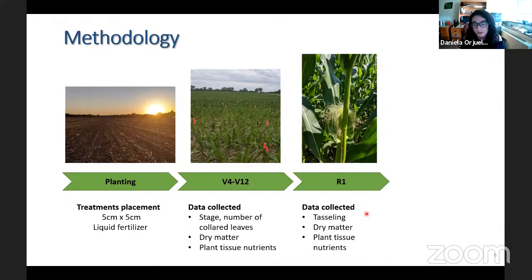So the levels of both nutrients were adequate in the two fields. In the case of potassium, it was a little bit high, at the limit of high for the two fields. So maybe the level of the two nutrients could have been related to the lack of response to the different composition of a starter fertilizer, since we already have that much in the soil available for the plant. Yeah. Okay.